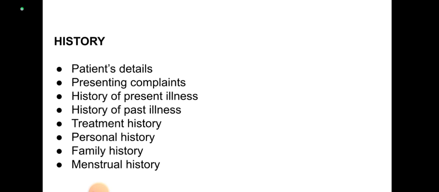Then we take the history of present illness, in which leading questions are asked about the symptoms. Like if the patient is complaining of pain, details should be recorded about site, severity, character, radiation, duration and timing, relieving and aggravating factors.